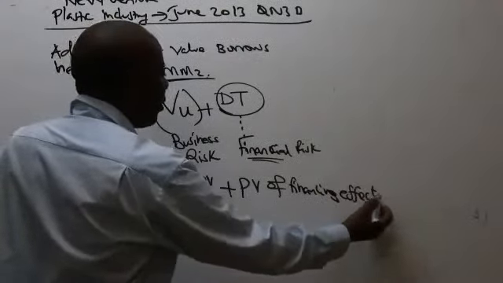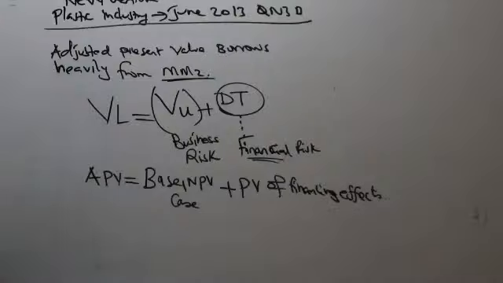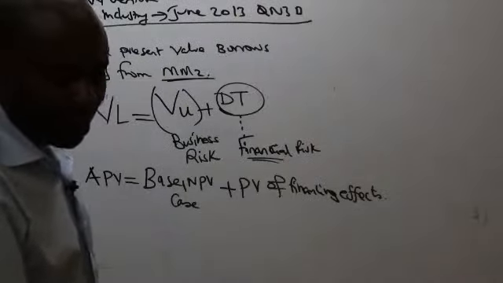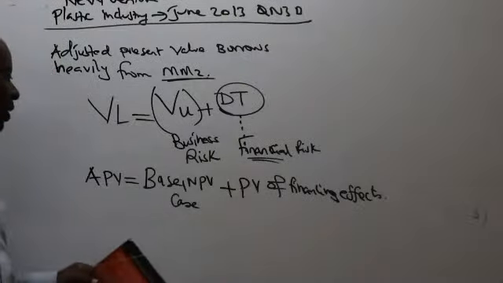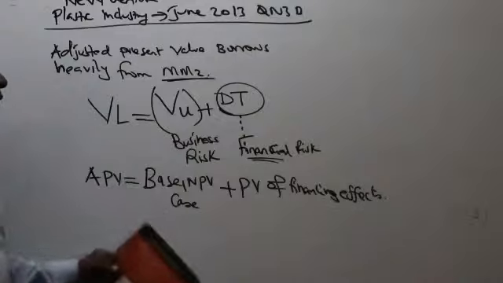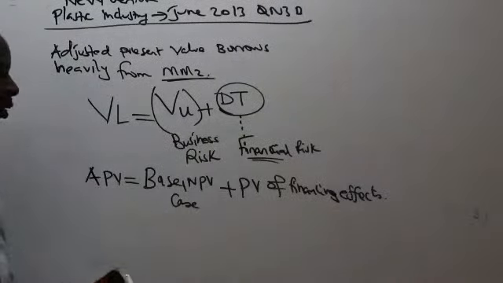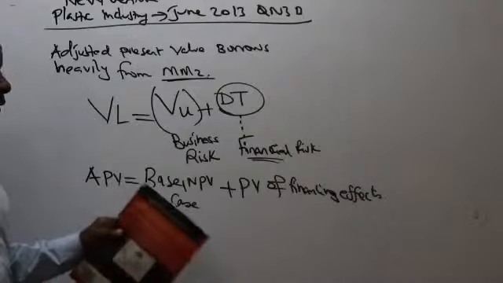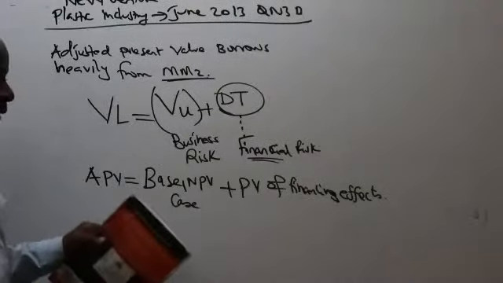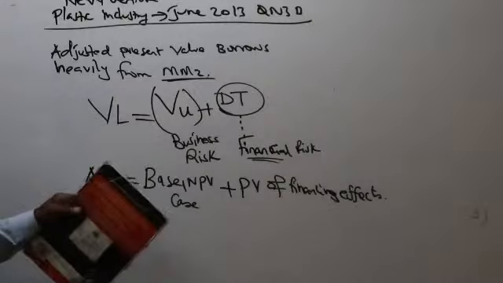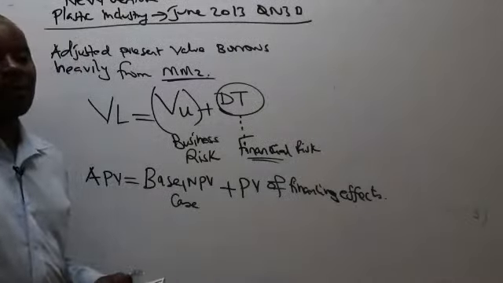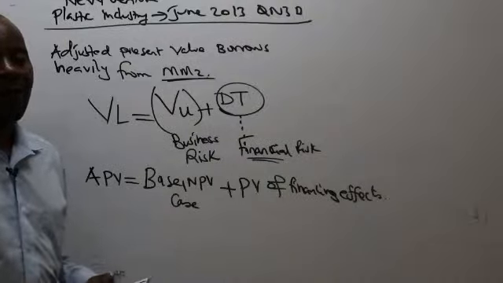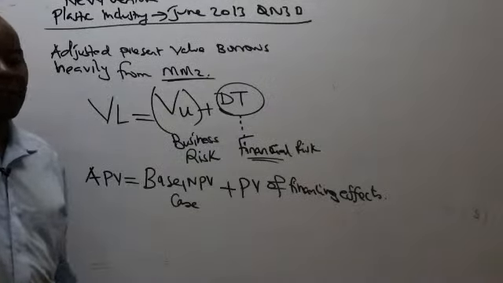Please write it like this. APV stands for adjusted present value. Adjusted present value is base case net present value plus present value of financing effects.